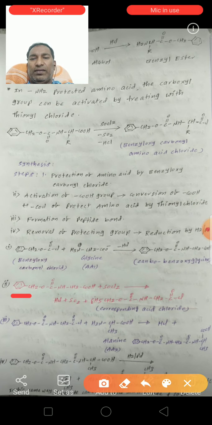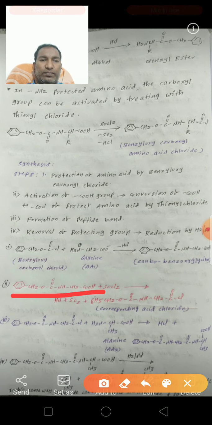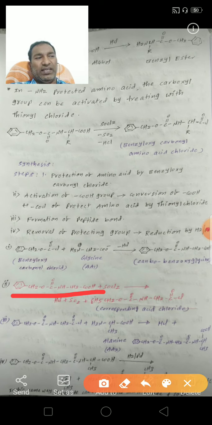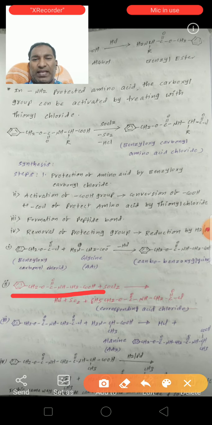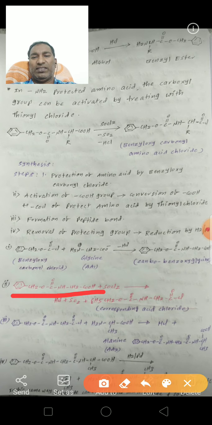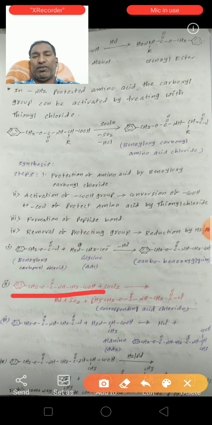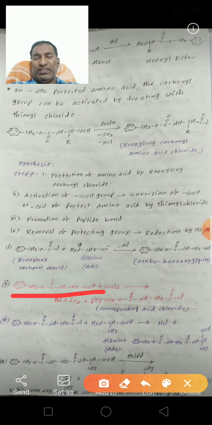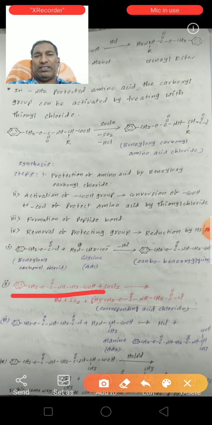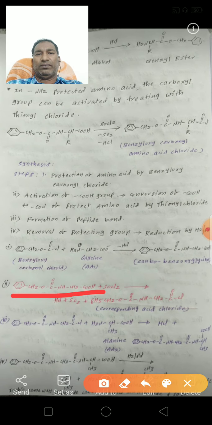See here the first reactions. The benzyloxycarbonyl group reacts with the amino acid. So here the NH2 group is protected by this benzyloxy group. This reacts with thionyl chloride, so the activated form is formed.